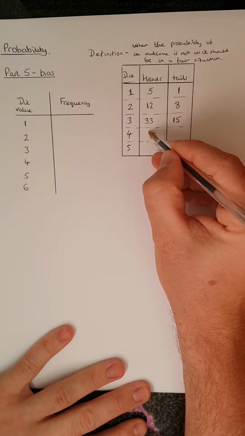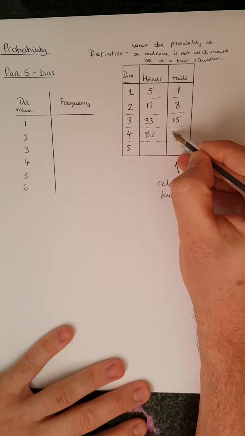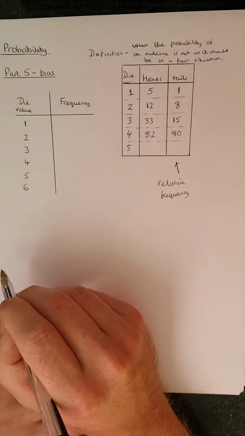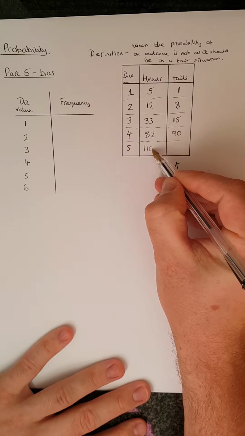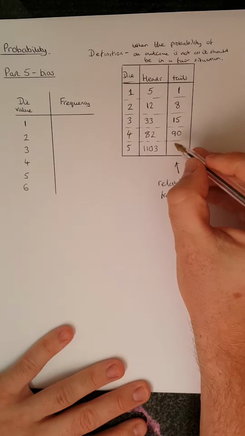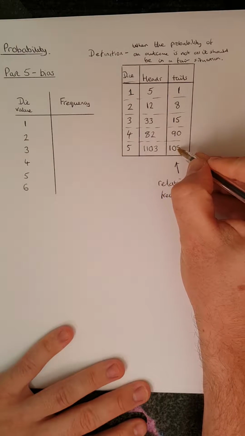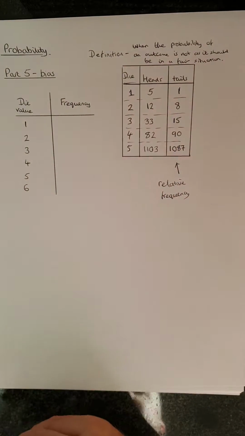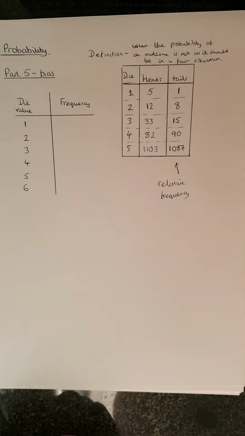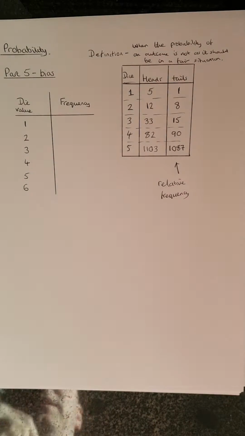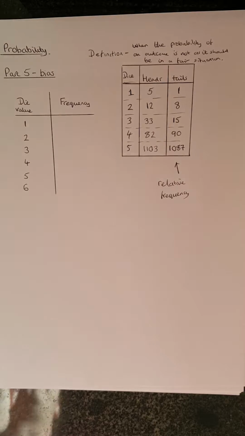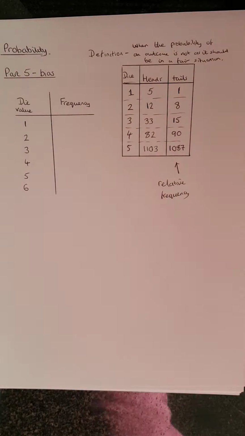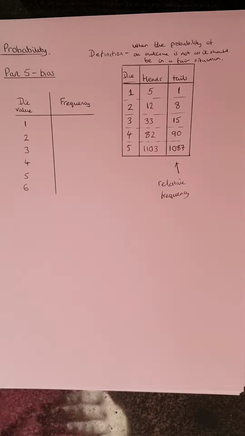The fourth one had 82 heads and 90 tails. And the fifth one had 1,103 heads and 1,087 tails. So each of these dice were thrown a very different number of times. And what you're going to now try and do is look at the 5 scores and see which ones you think are biased.